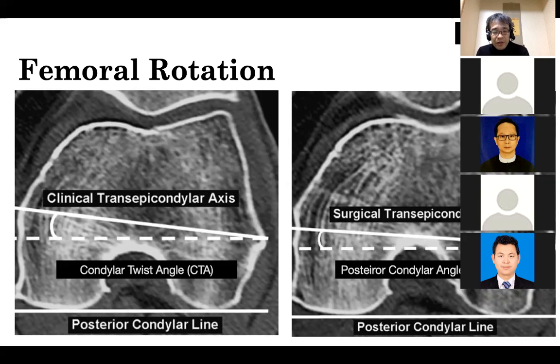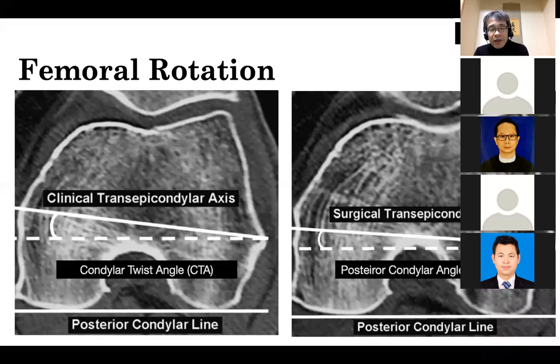But it's quite variable because in some patients this angle is virtually 0, and in some patients more than 10 degrees. But there is a worry about cutting the posterior condyle and making the angle from the PCA more than 10 degrees. It's quite risky.